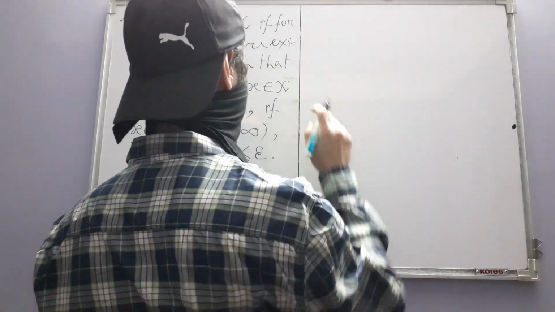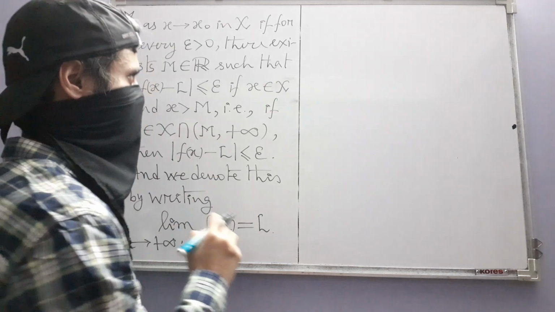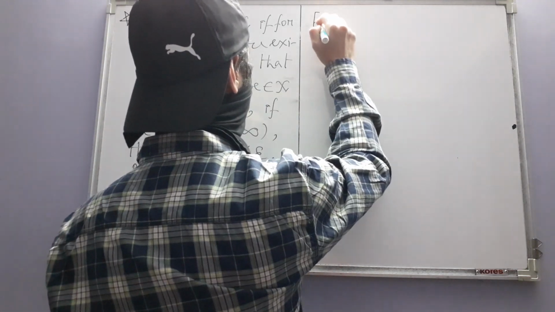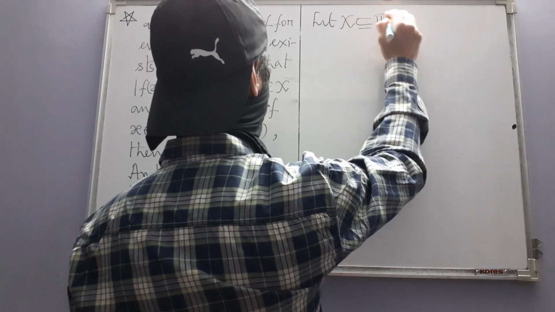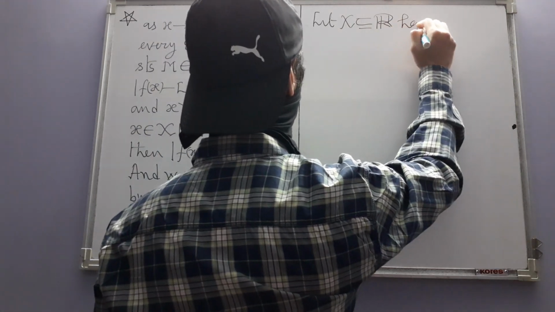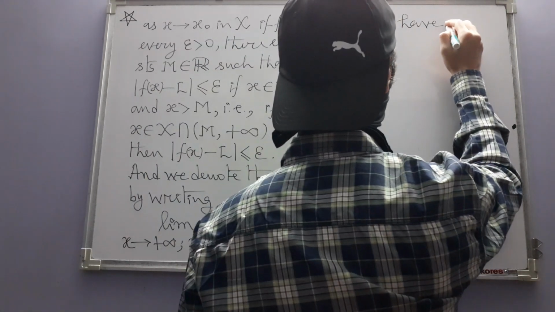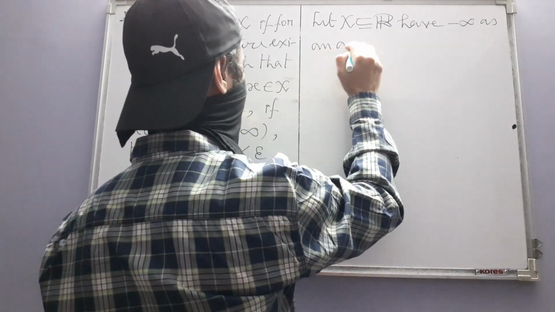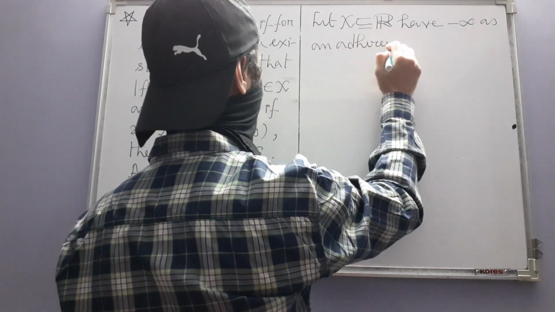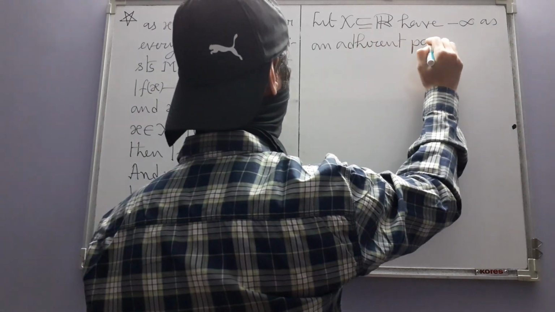Alright. And for the second part, we have to again write all those things. Let X, which is a subset of R, have minus infinity as an adherent point.